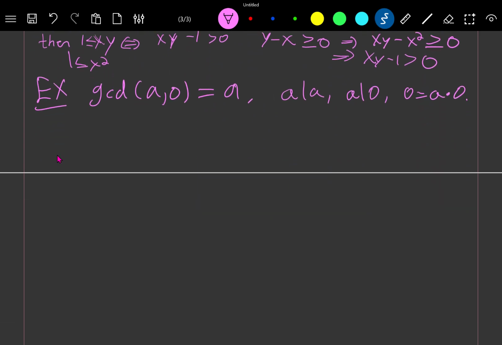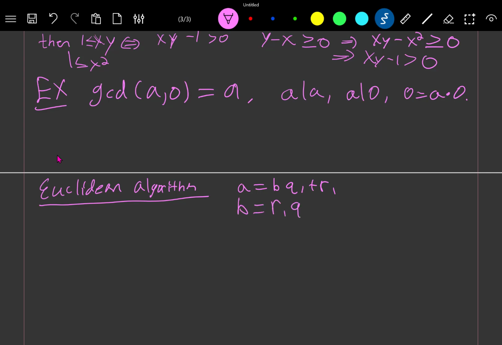So what we can do is we can say, if we have a is equal to b q1 plus r1, then we can do b is r1 q2 plus r2, and then r1 is going to be r2 times q3 plus r3, and if we keep going, at some point we will have a remainder 0.